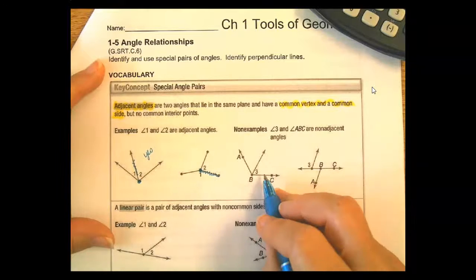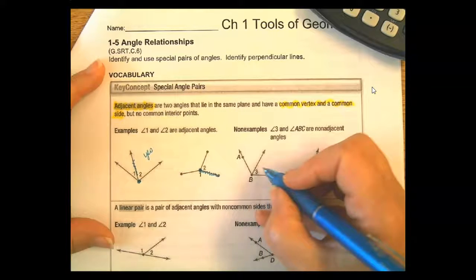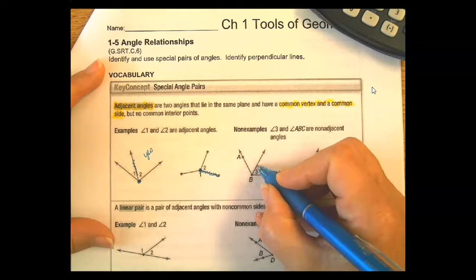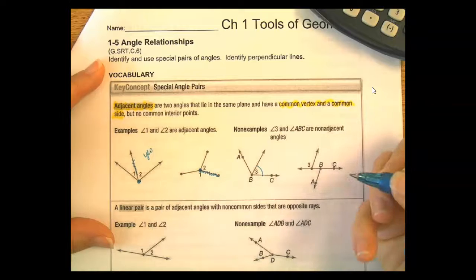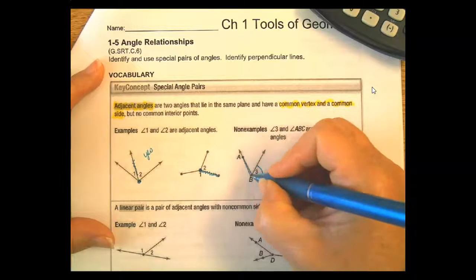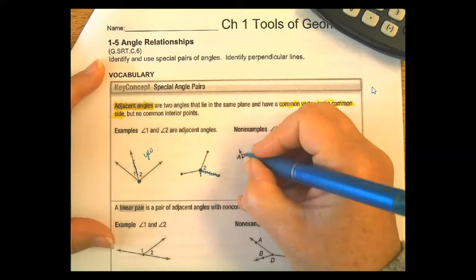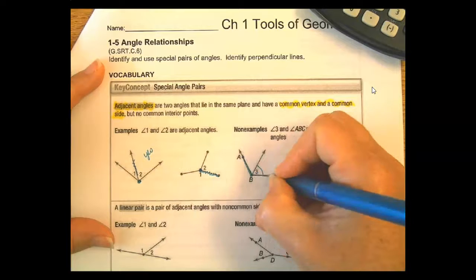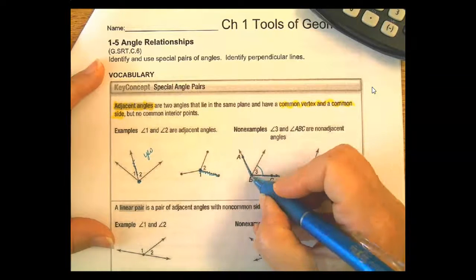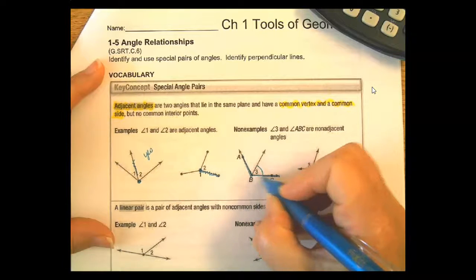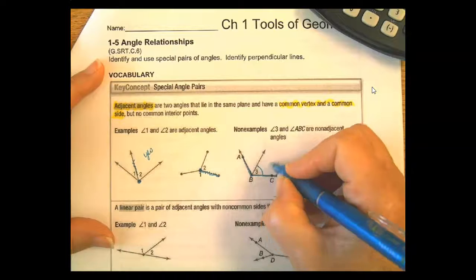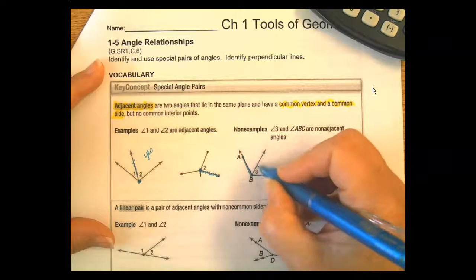So these are non-examples. So angle 3, this one right here, and it's always good to mark it, and then A, B, C. See how they don't have a common... you're saying, well, they have this in common, but this is on the interior, so they cannot have this interior.